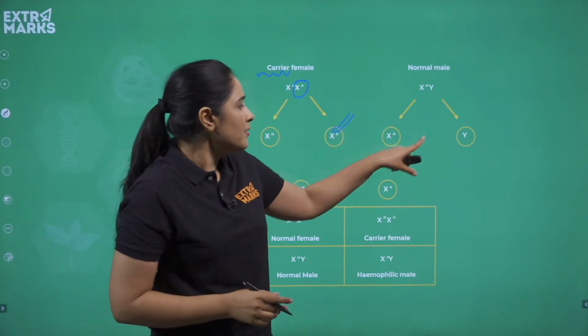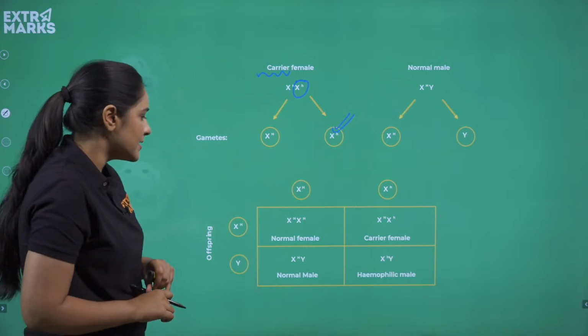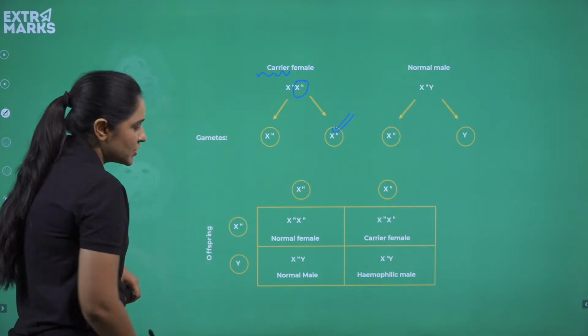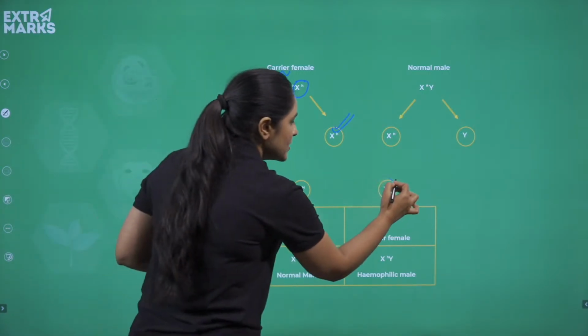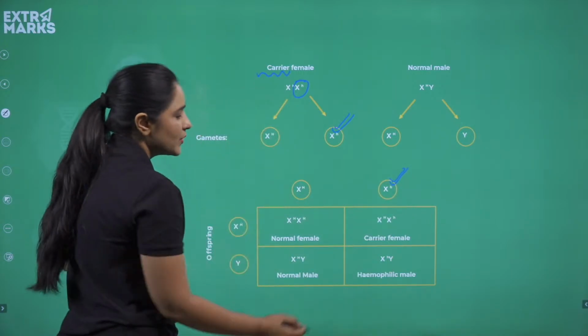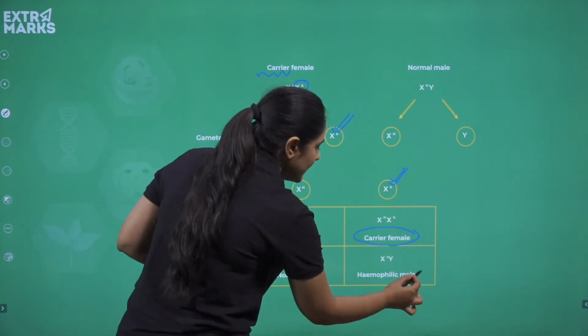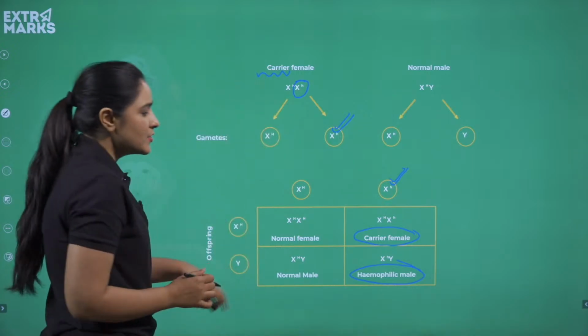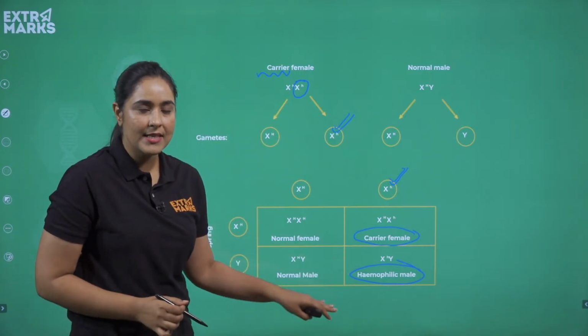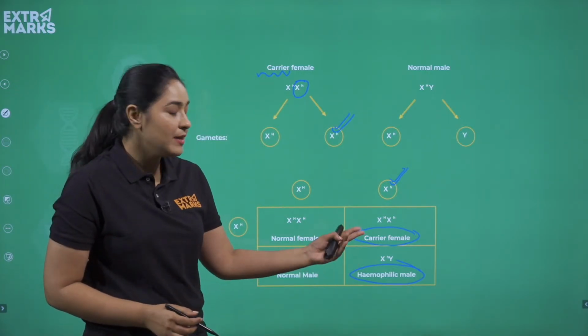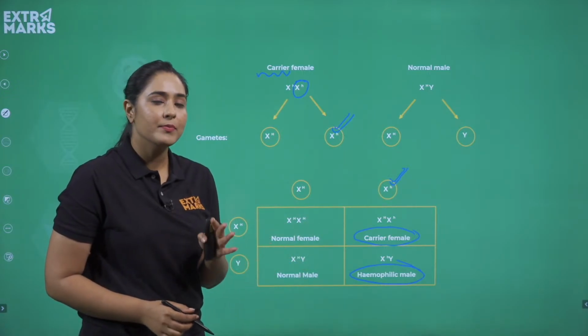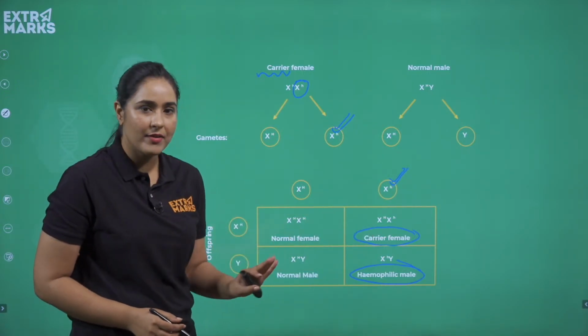Now the normal male is having his gametes here. After the combination, this is the mutant allele here. So carrier female and the hemophilic male. So male is having this disease, hemophilia here, but the female is the carrier here. She is not having the disease.